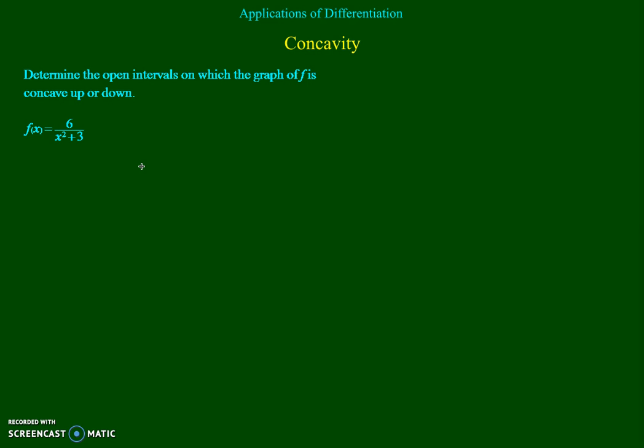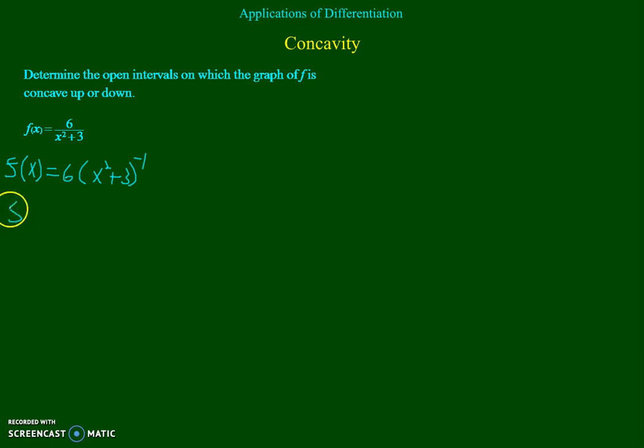So that implies a second derivative. So let's go ahead and take the second derivative of this function. And before I do that, I'm going to rewrite a little bit. You may be tempted to just go ahead and do the quotient rule, but I'm lazy, so I'm not going to do that right now. So this is 6 times x squared plus 3 to the negative 1.